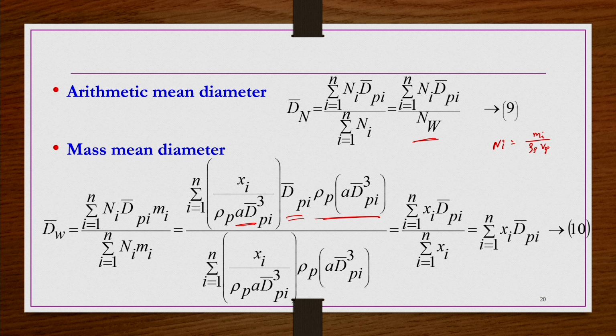Like that, you substitute Ni and Mi and simplify, and you get sigma Xi dPi bar divided by sigma Xi, and sigma Xi is nothing but 1, since the summation of all mass fractions is 1 for a given sample. So the mass mean diameter d_w bar is nothing but sigma Xi dPi bar, whereas the volume surface mean diameter d_s bar is nothing but 1 by sigma Xi by dPi bar.